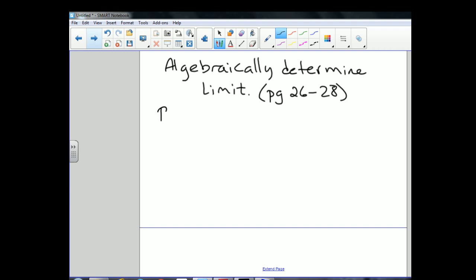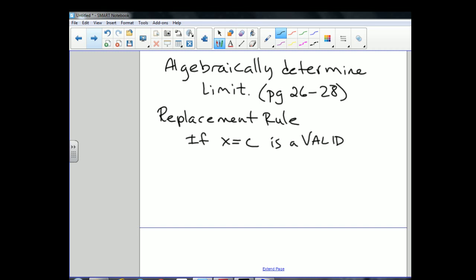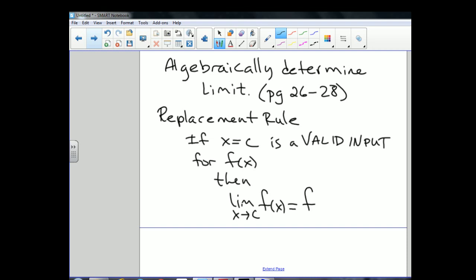The first algebraic rule we're going to look at is the replacement rule. And what the replacement rule says is if x equals c is a valid input for f of x, then the limit as x approaches c of f of x equals f of c.